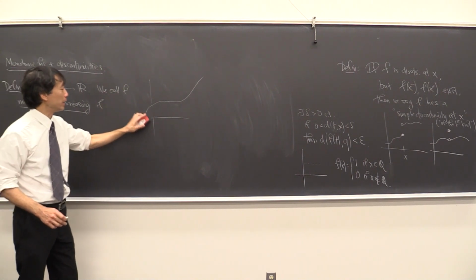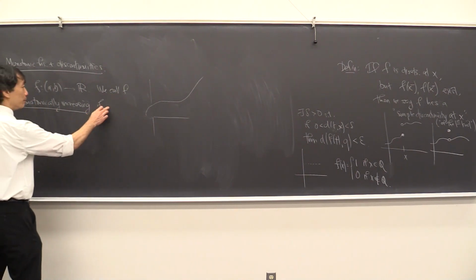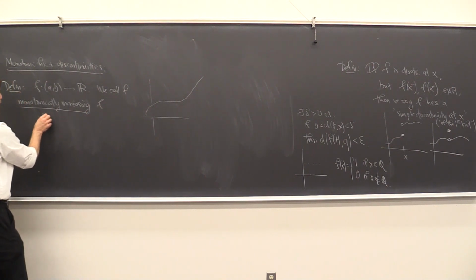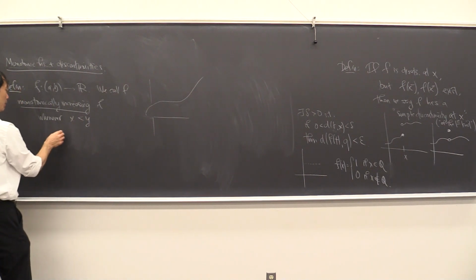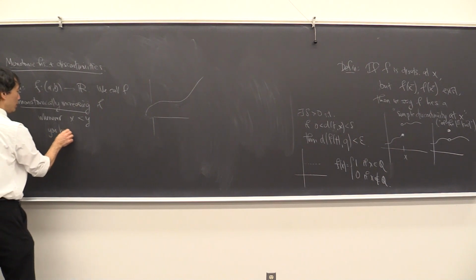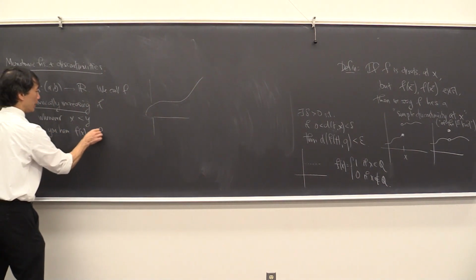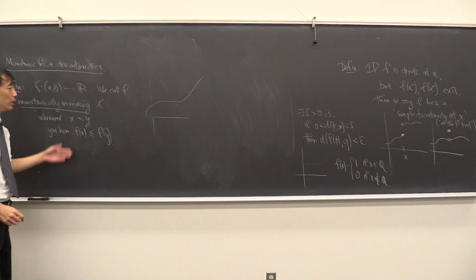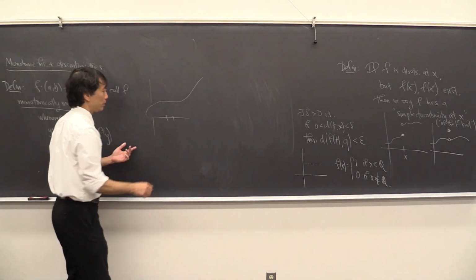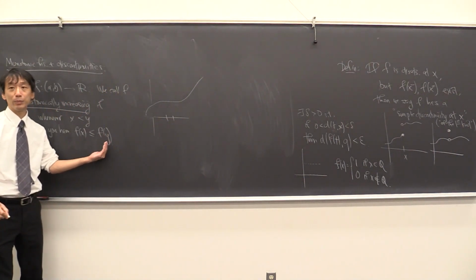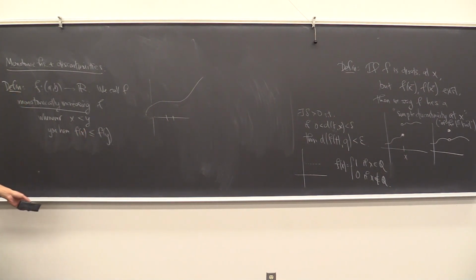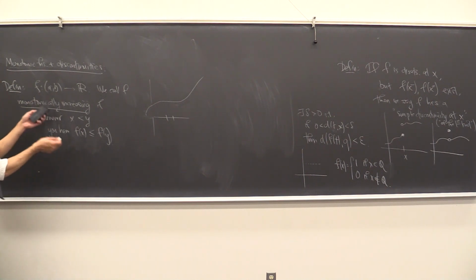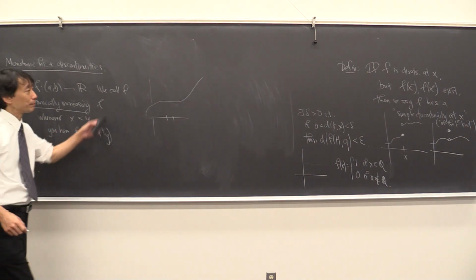Well, whenever you have two points x and y with x less than y, you have f of x less than or equal to f of y. So whenever you have two points, the value of the one on the right must be greater than or equal to the one on the left. That's monotonically increasing, and of course monotonically decreasing is defined in an analogous way.